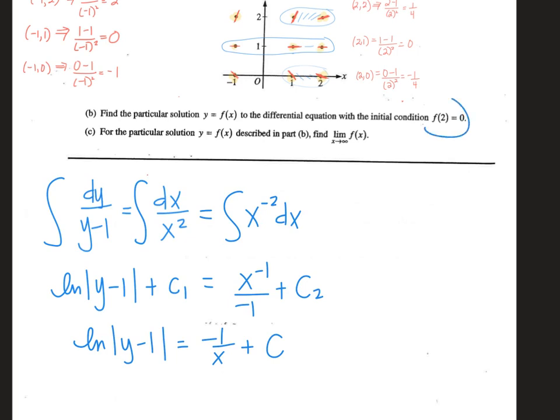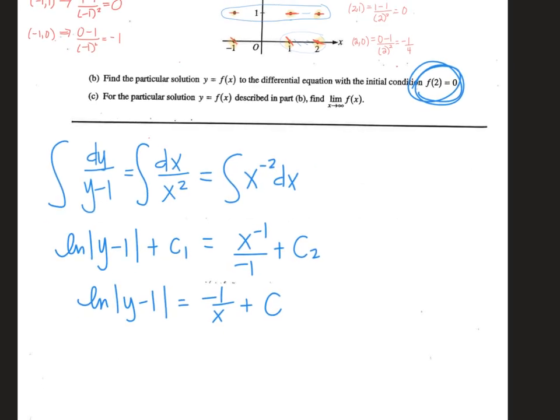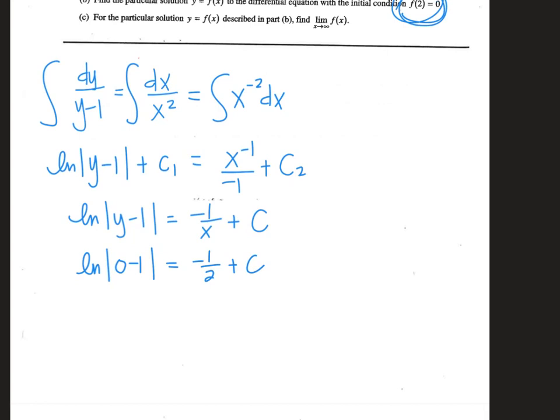Now we're going to solve for c using the initial condition that we're given, where x is 2 and y is 0. So the natural log of the absolute value of 0 minus 1 equals negative 1 over 2 plus c. You can see how it's important to have the absolute value in your natural log, because if not, you'd end up with the natural log of a negative number.